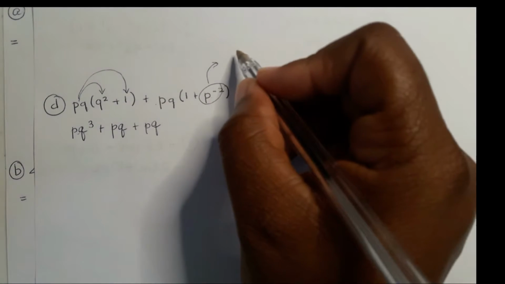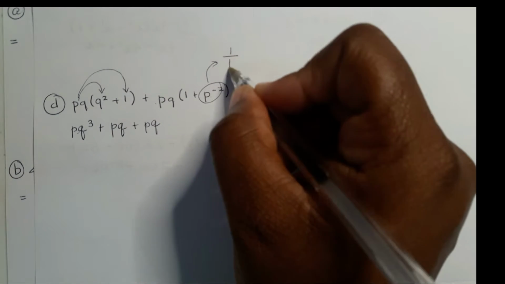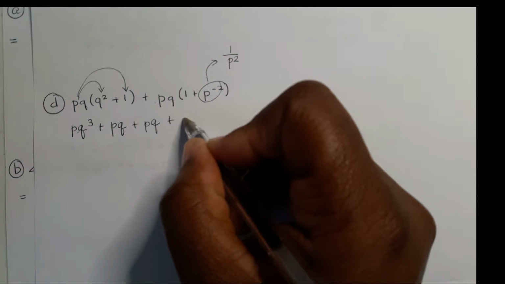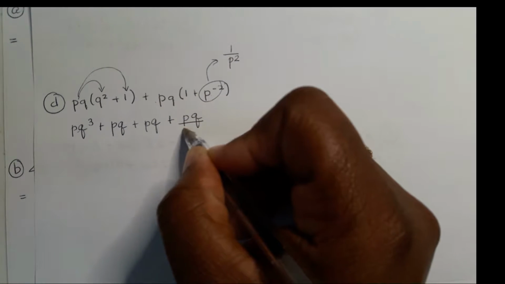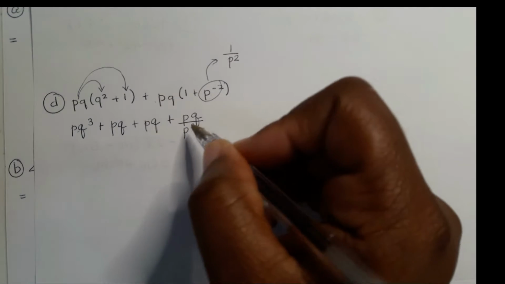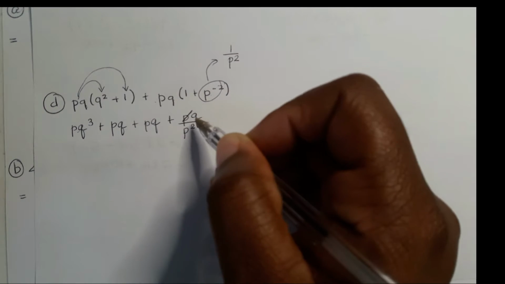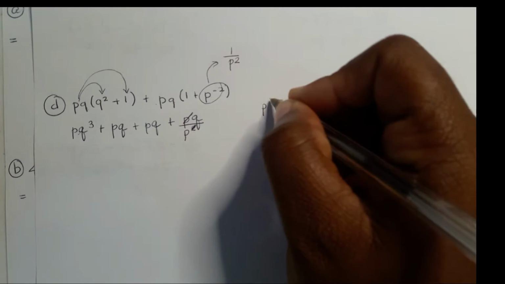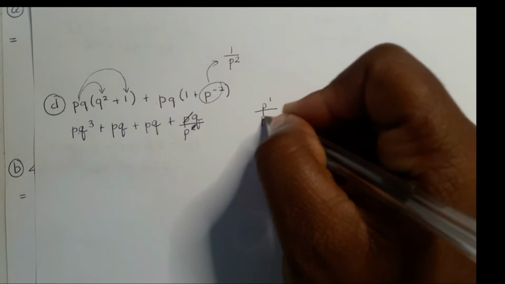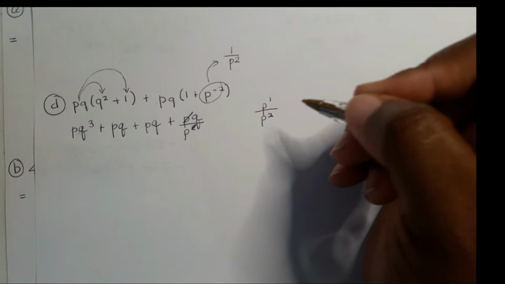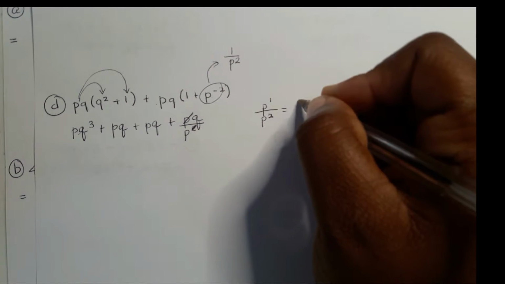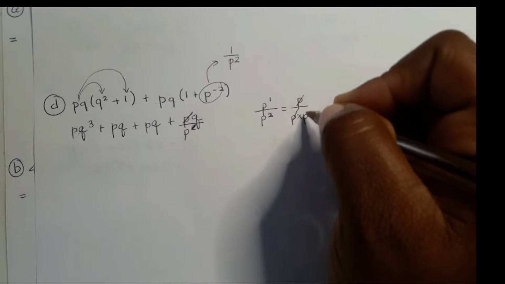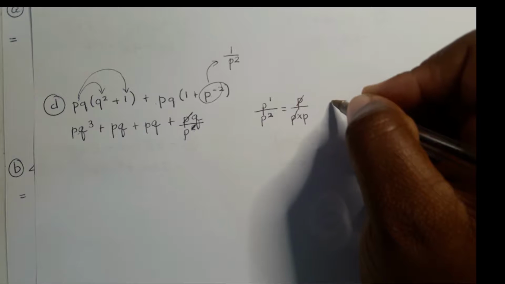So this could be rewritten as 1 over p squared, so this will give us plus pq over p squared. This p will disappear and that 2 will go, because this is actually saying p to the 1 divided by p to the 2. And so if you look at it, you could say p over p times p, so these are cancelled. You're left with a p down here.